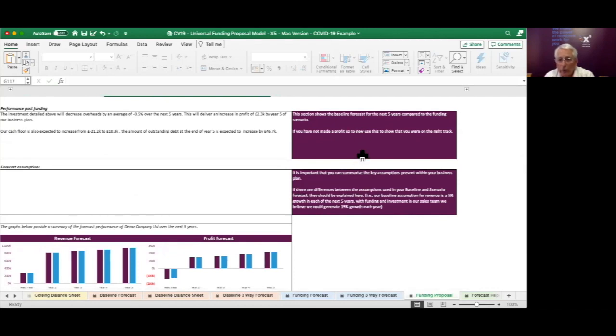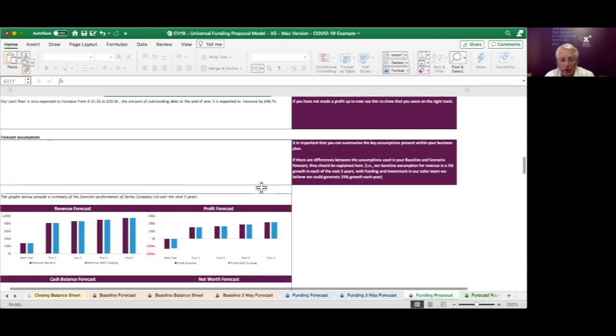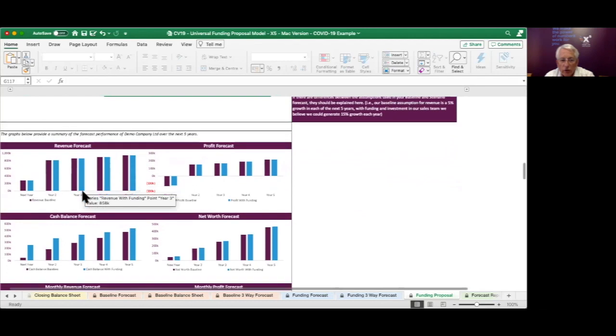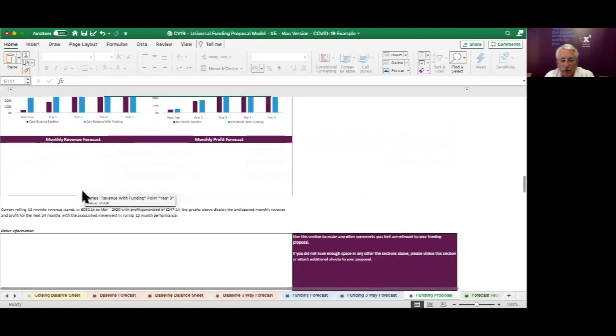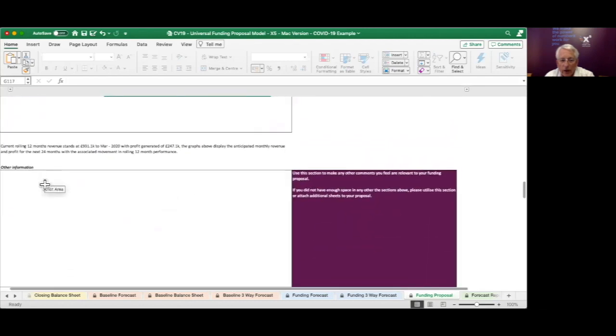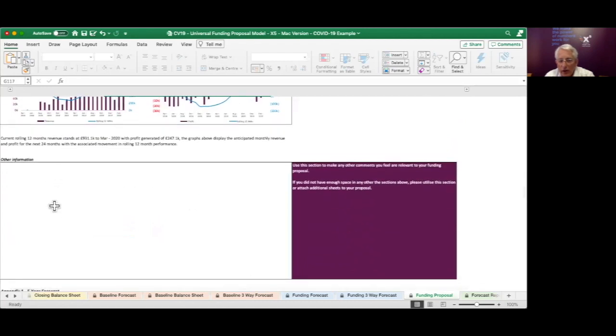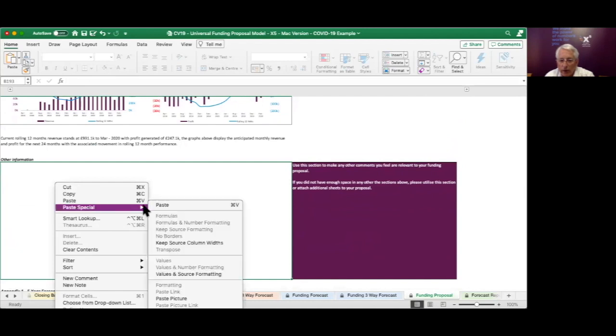Say all these notes don't print when you come out to print it, and then you'll get your information plus the revenue forecast in graphs, and then any additional information is there for you to add for completeness sake.